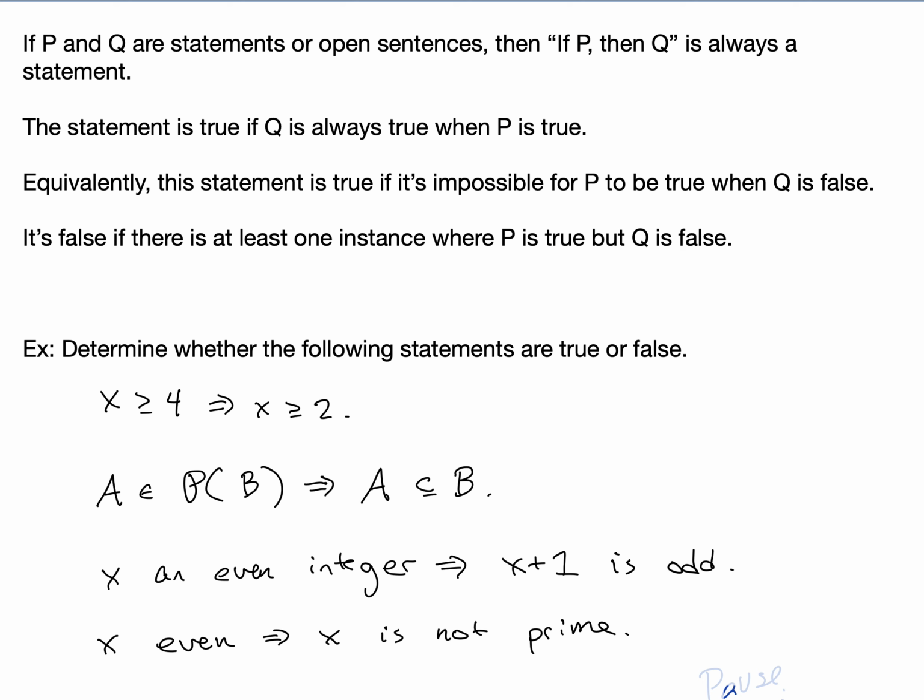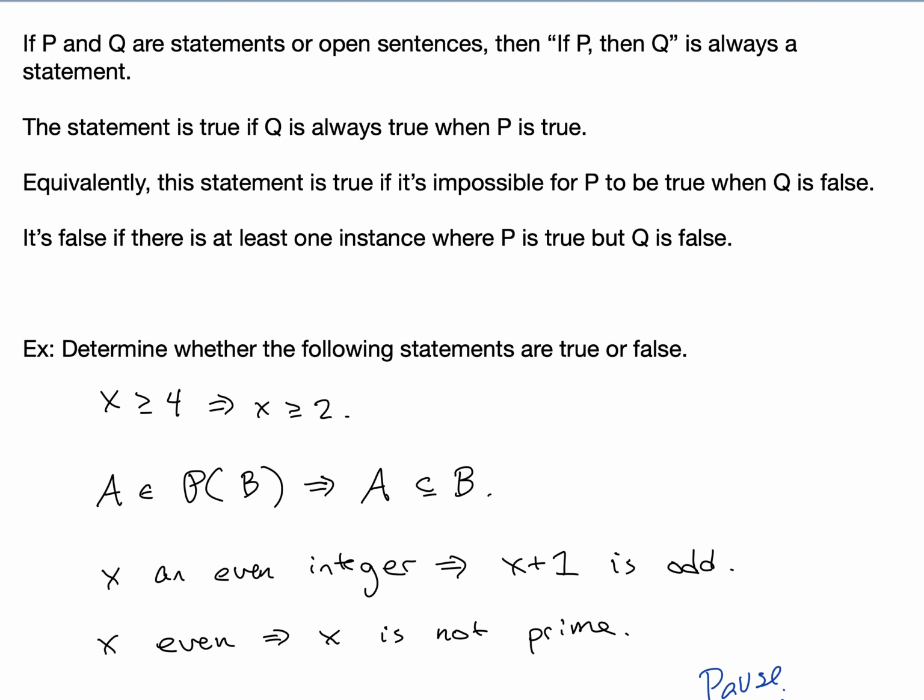And it's false if there's at least one instance where P is true but Q is false. So with that reminder, I'd like you to take a look at the next couple of statements and determine whether they are true or false. Pause and think about it.